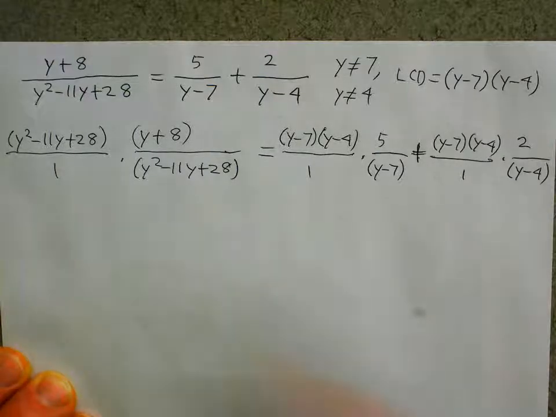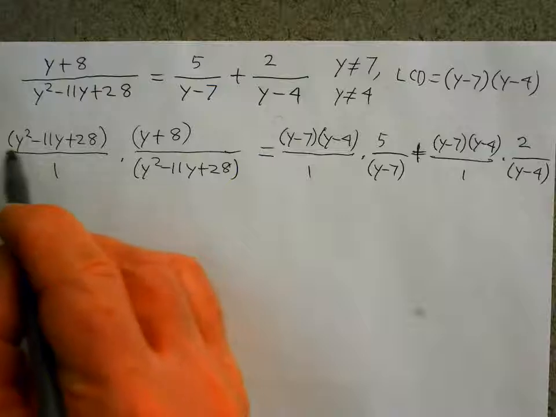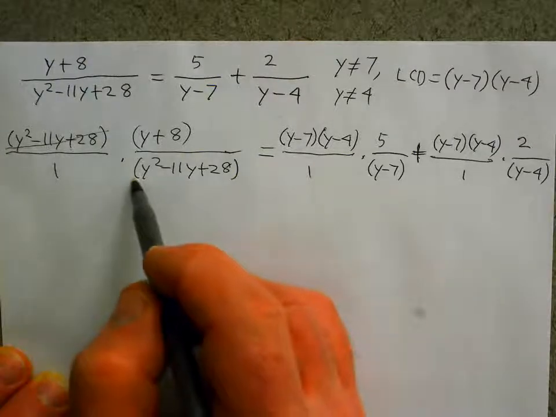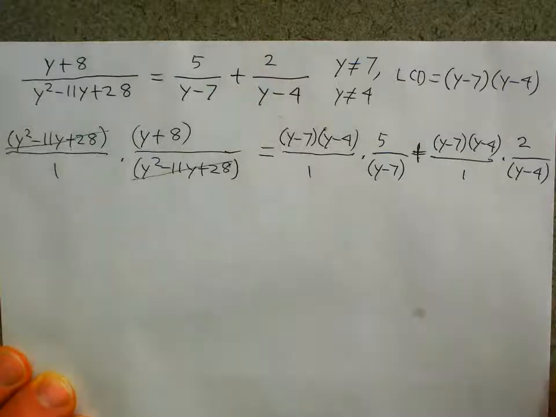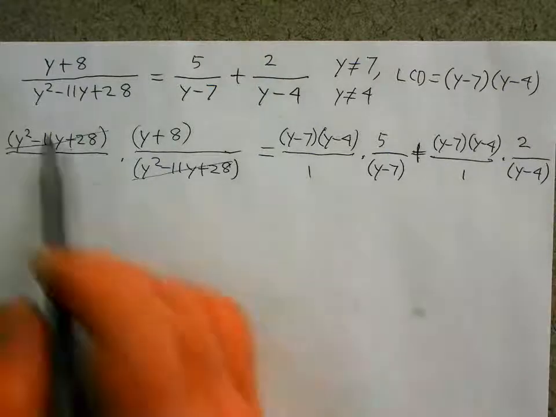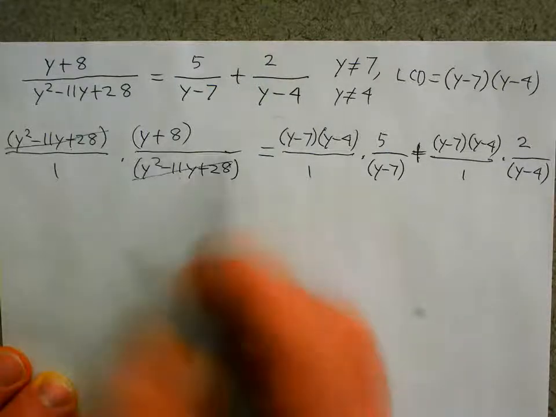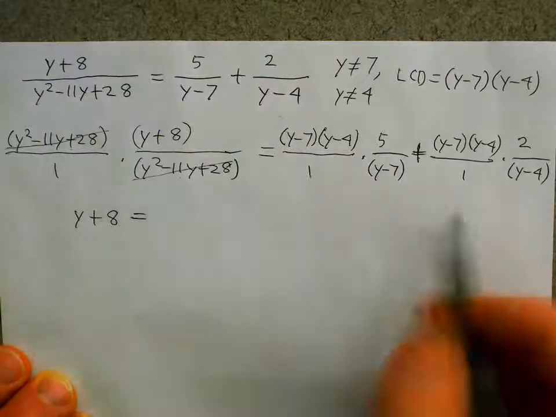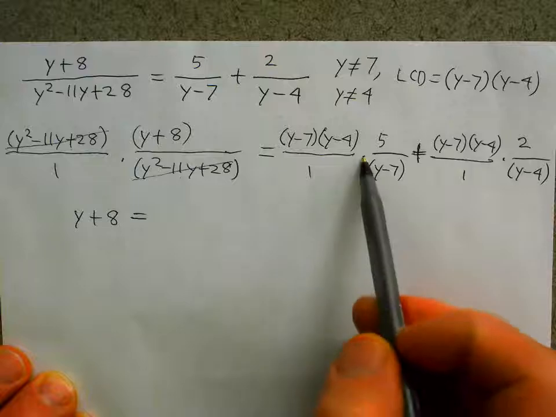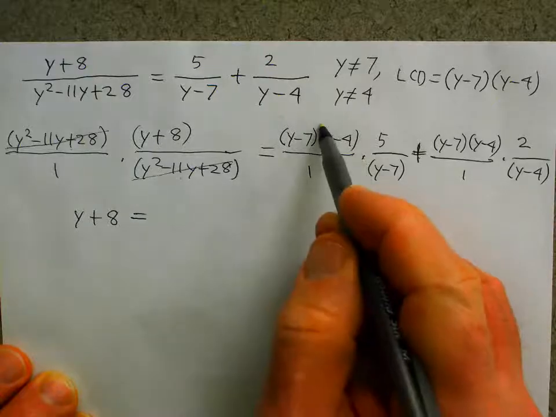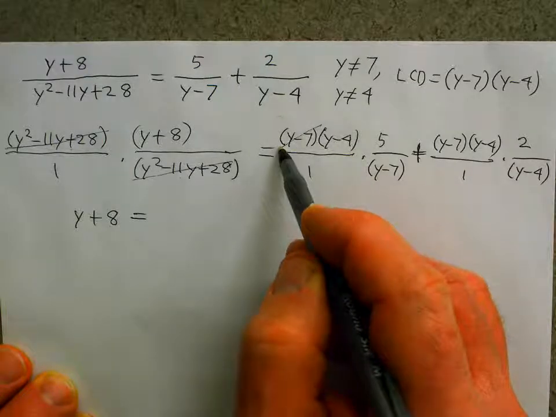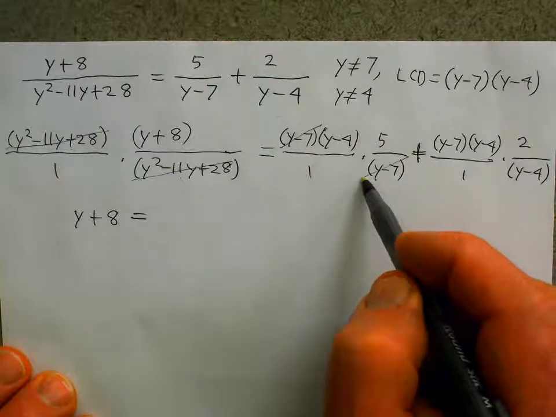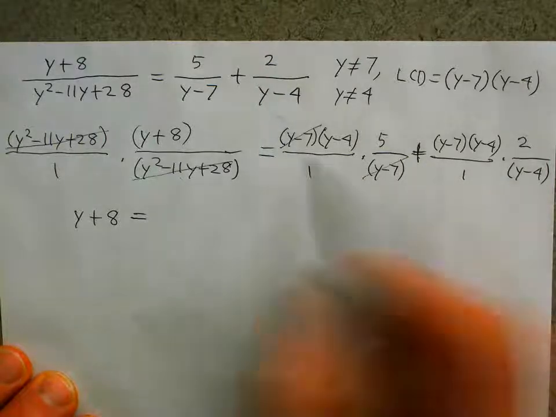Okay, we get cancellations on the left-hand side: y squared minus 11y plus 28 divided by y squared minus 11y plus 28 is 1. We're just left with y plus 8. On the right-hand side, in this first product, the factor y minus 7 from the numerator divided by y minus 7 from the denominator, those cancel each other out.